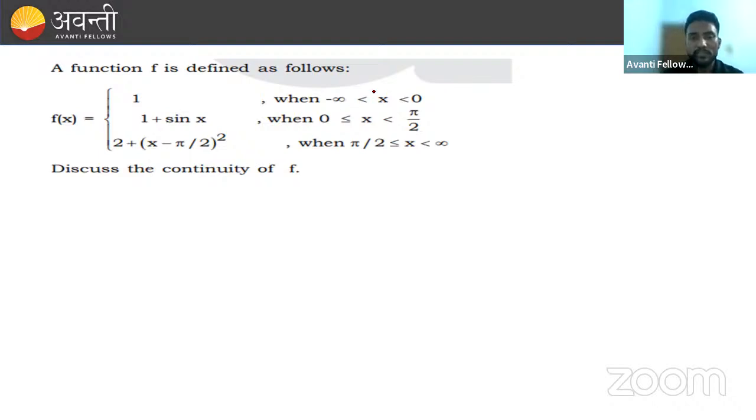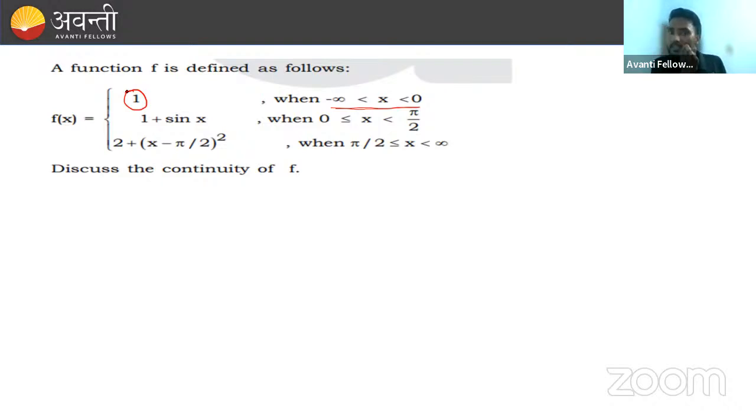If you see from minus infinity to 0, in this interval we are getting the function value as 1. It is not changing; it is always 1. If it is always 1, it will always be continuous, so there is no need to check from minus infinity to 0.